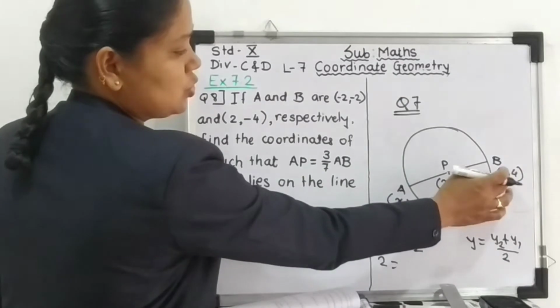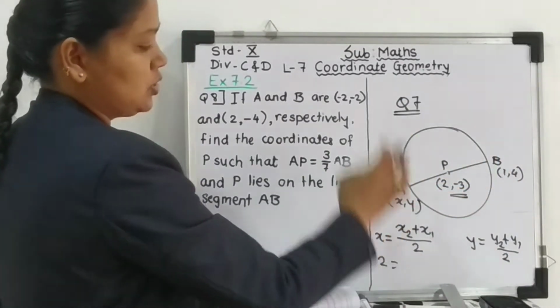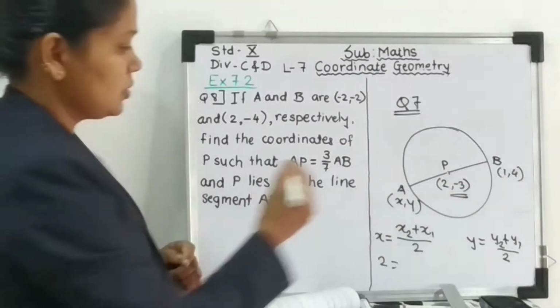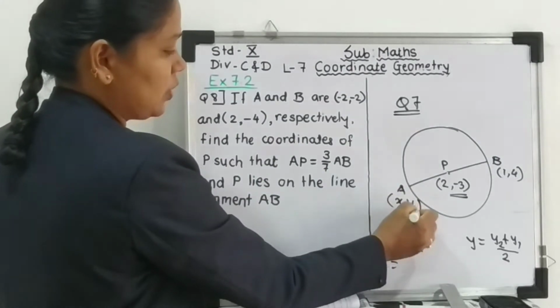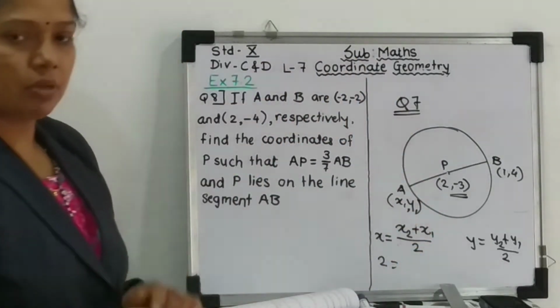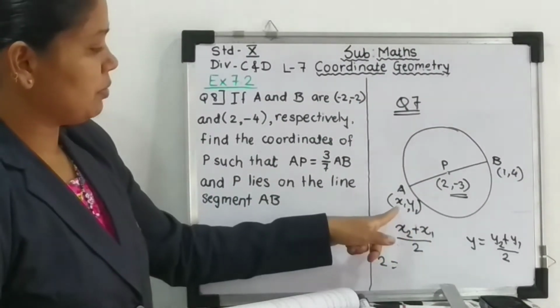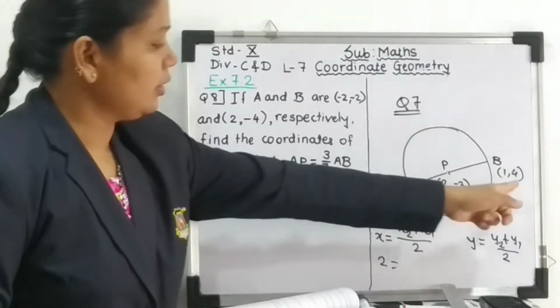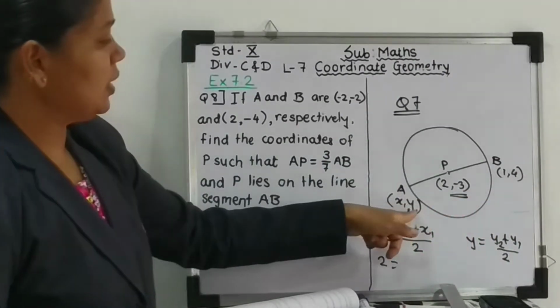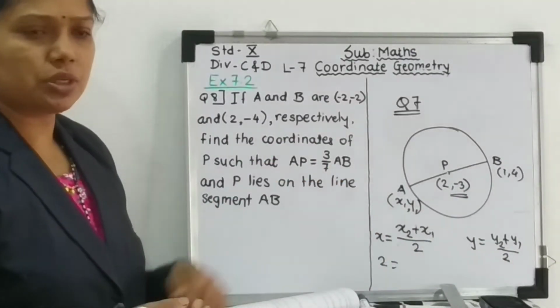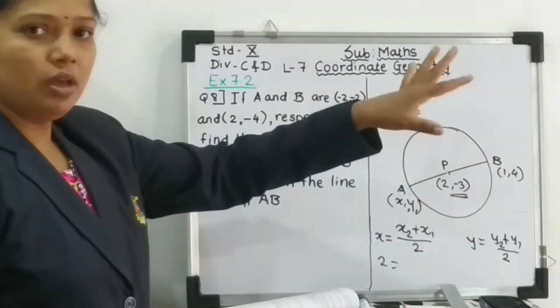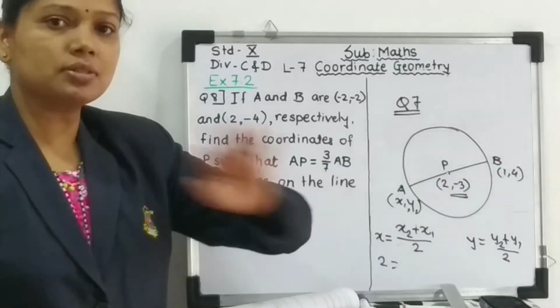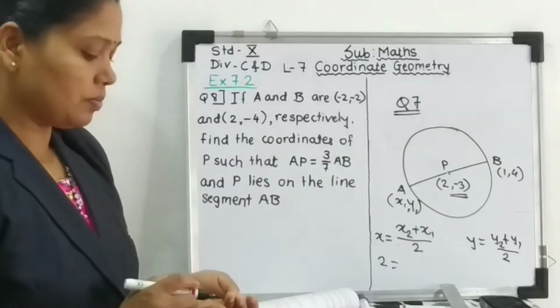So x2 is your 1 and x1 is unknown. While labeling, label x1 and y1 so that you will not make a mistake. So (1 plus x1) and (4 plus y1), and then transposing. It is easy, you solve it. If you have any doubt, you can ask me in the doubt session.